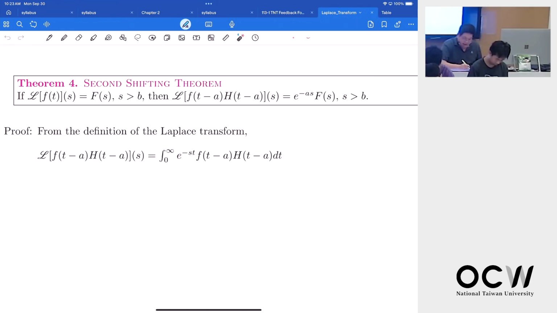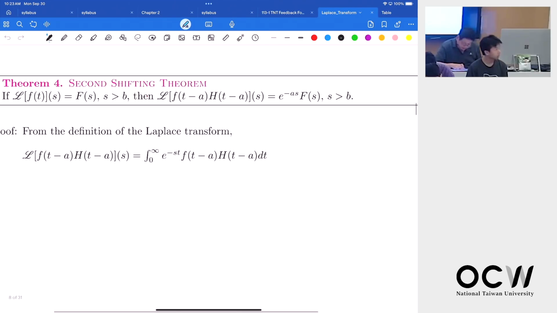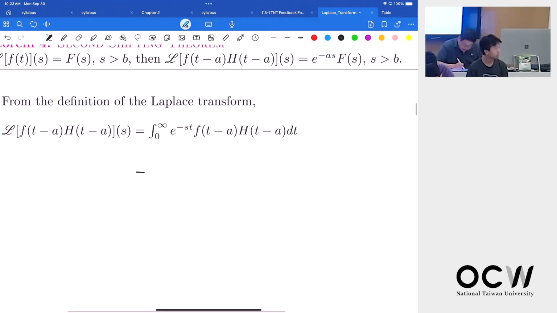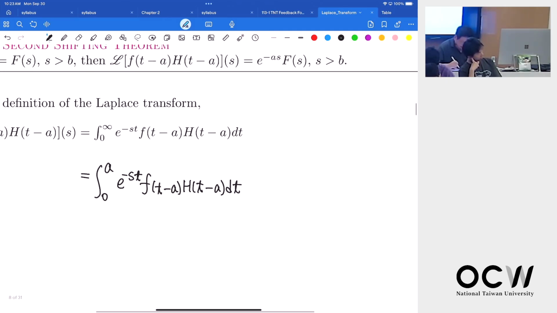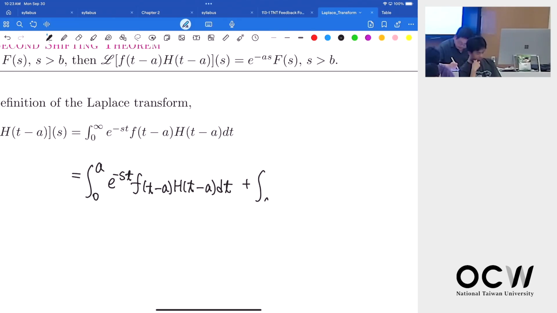I can take it as two parts. First, I will take the integration from 0 to a. And then the second part of the integration will be from a to infinity.